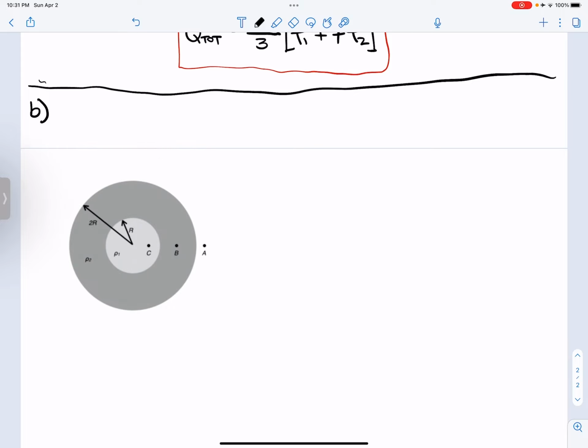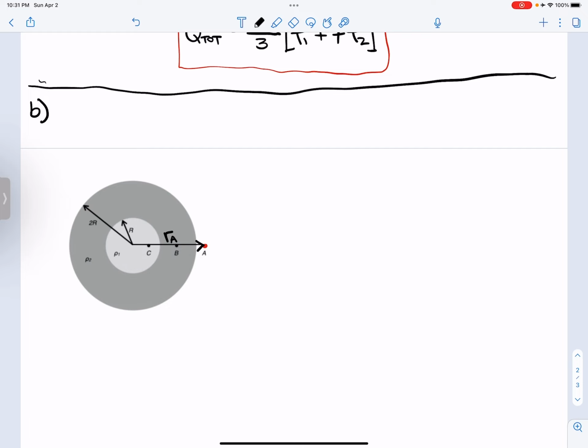So what is the electric field at this point A, which is a distance of, we're calling this RA, radius A, from the center of the ball.